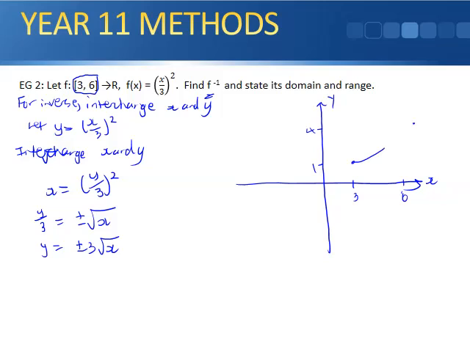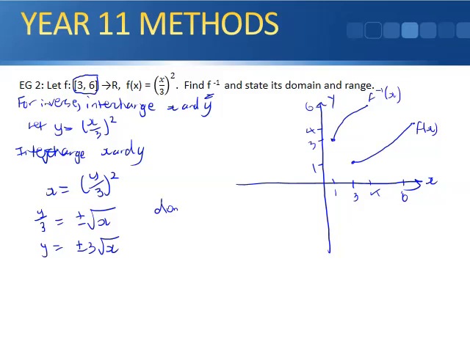So it looks like that. That's f of x. And then the inverse swaps around, so we get 1 and 3. And then we get 4 and 6. So that's the inverse there.